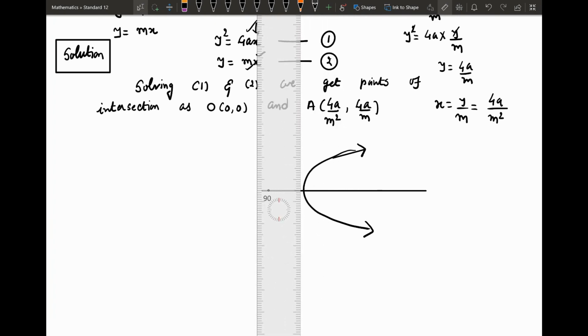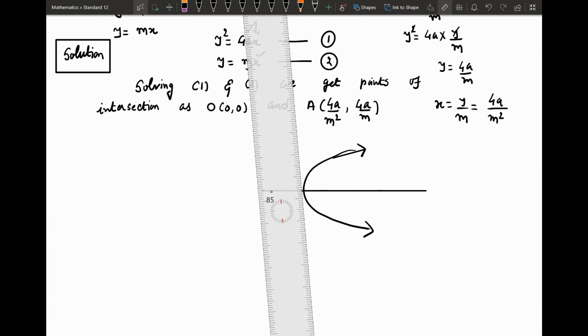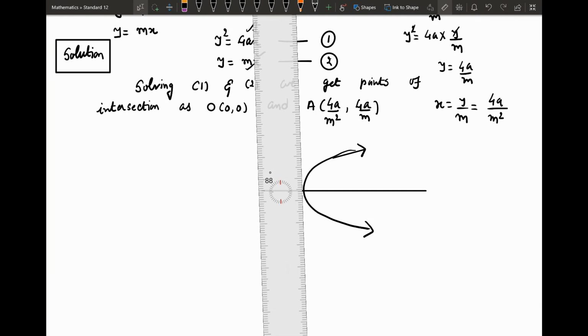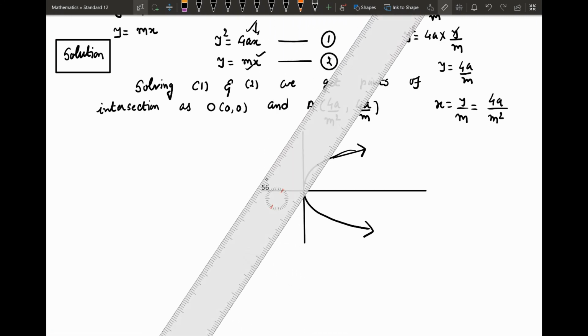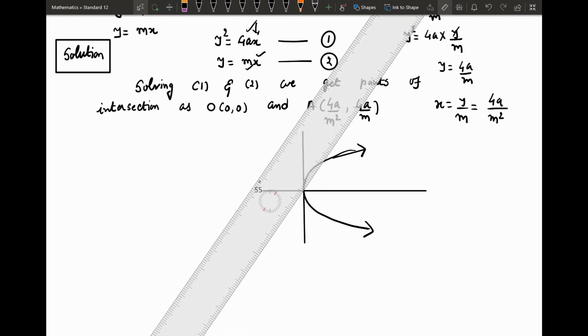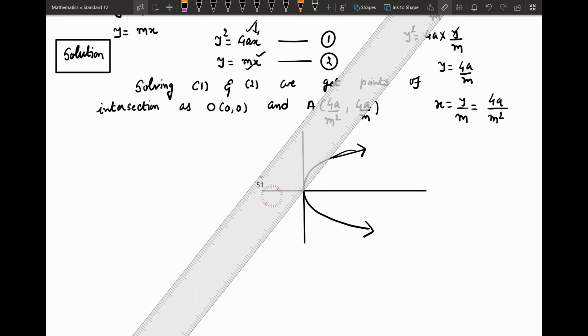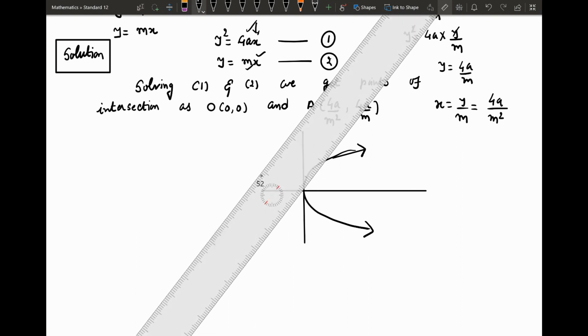Here we have taken slope as positive. Even if you take negative, ultimately because of symmetry we will get the same portion. If you take negative slope, the portion will lie in the fourth quadrant.